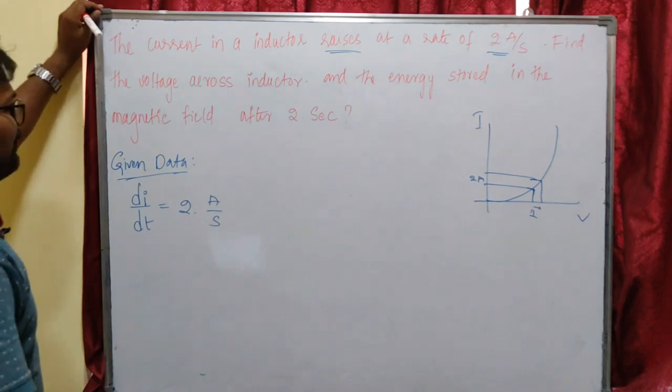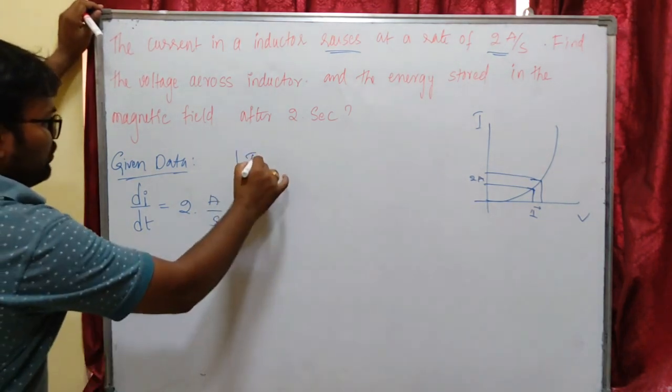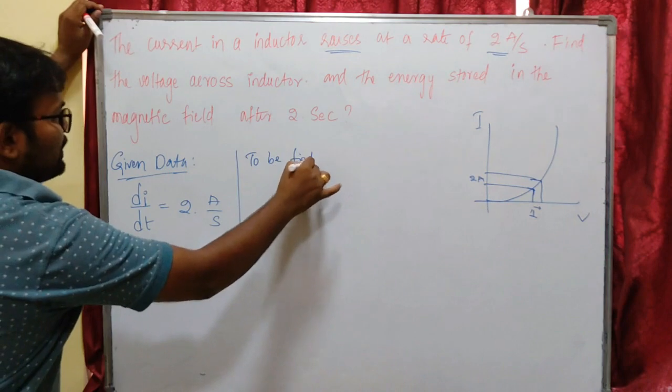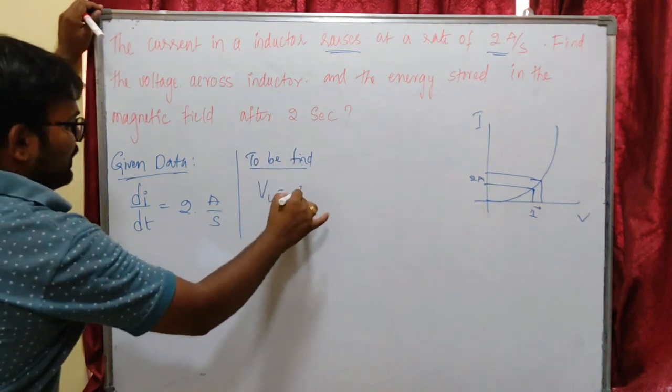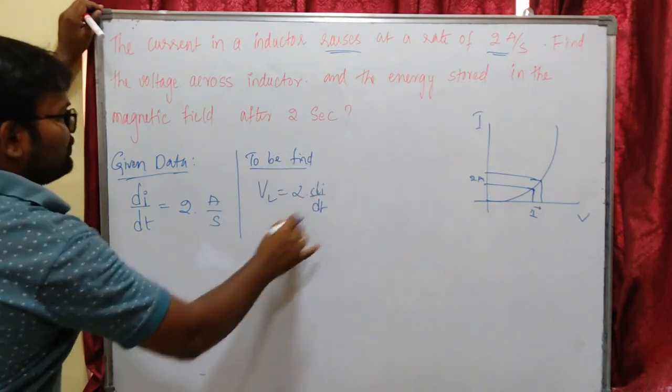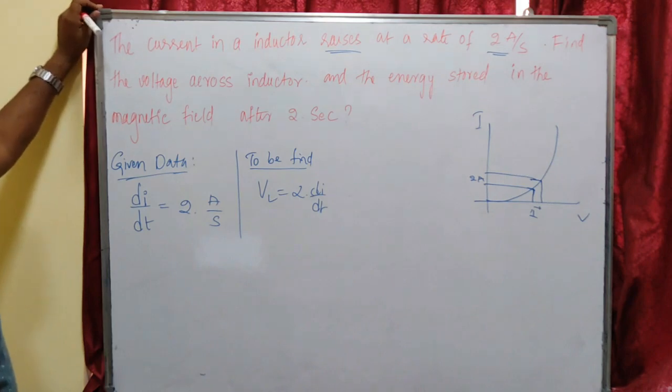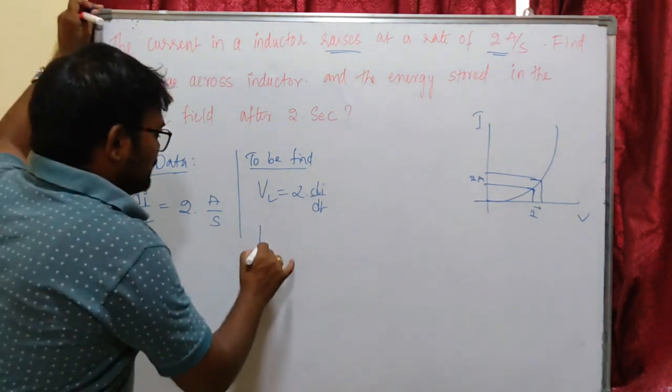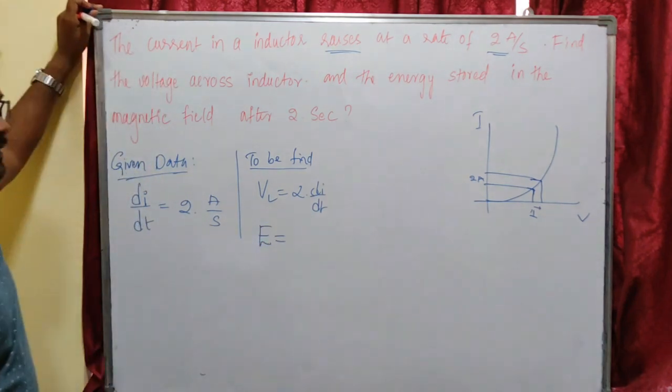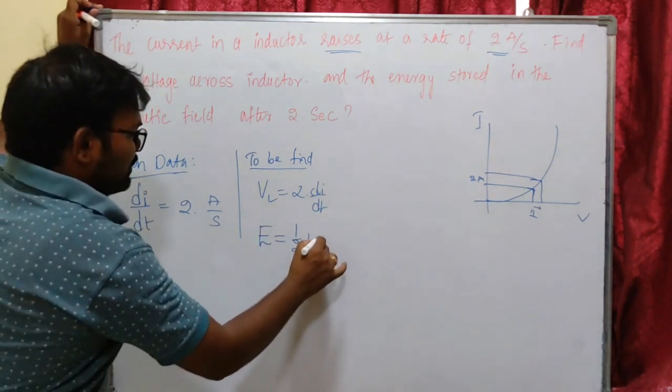Then he asked us to find the voltage across the inductor VL, which is nothing but L into dI by dt. Okay, this is the voltage across the inductor, and the energy stored in the magnetic field after 2 seconds. That means the energy stored by an inductor is given as half L i square. We know that.